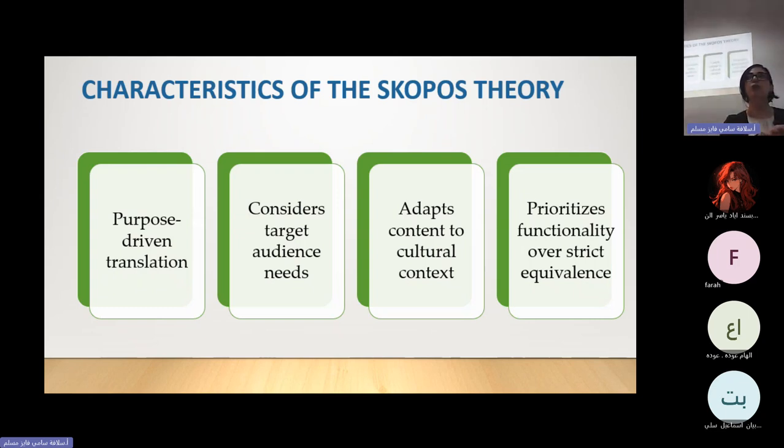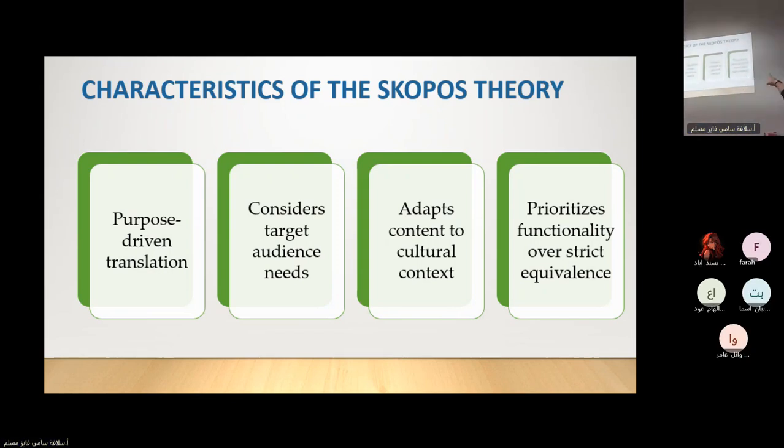For example, when I say the boy ate the apple, الولد أكل التفاح. Do we say that in Arabic? We say أكل الولد التفاح. So what did we do? We prioritized the functionality of the language.